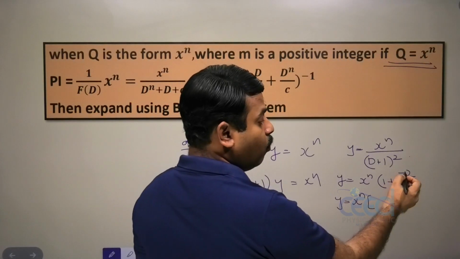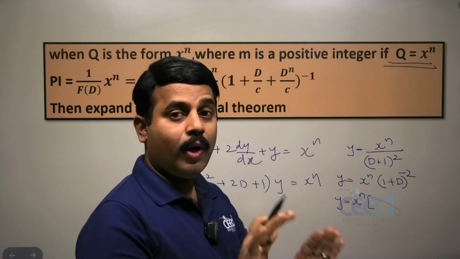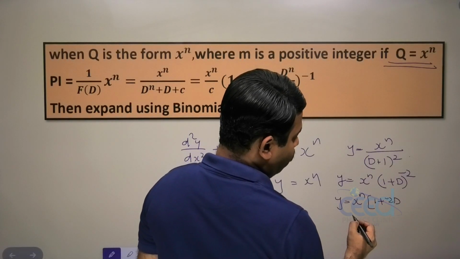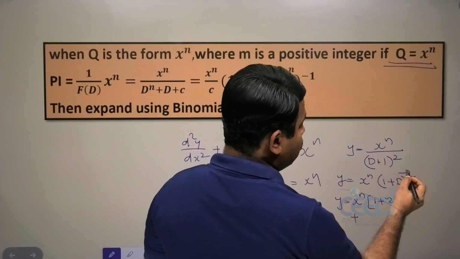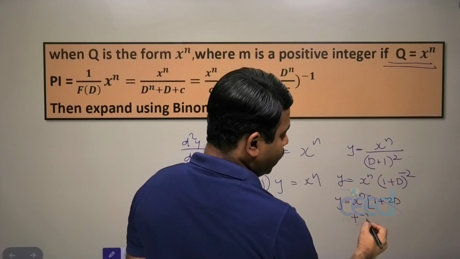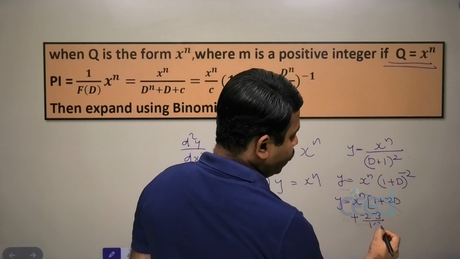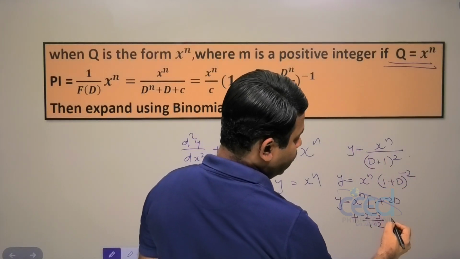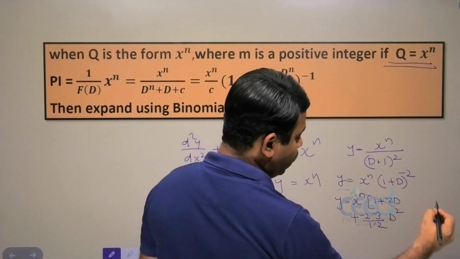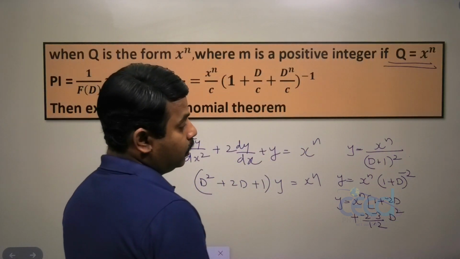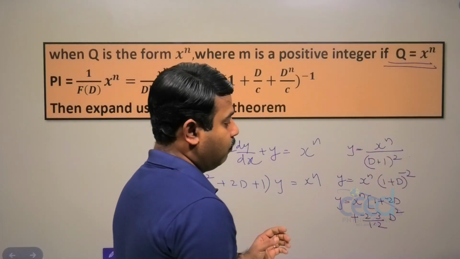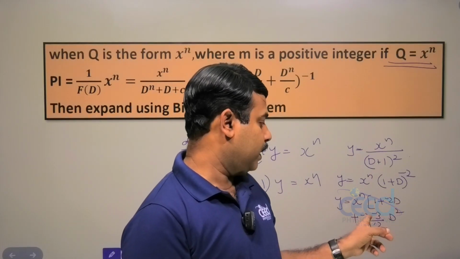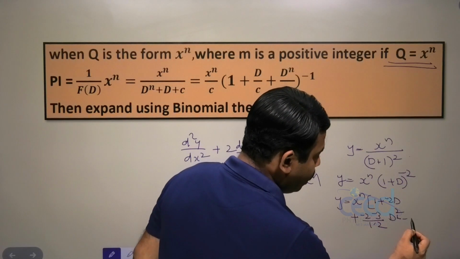That is 1 plus nx, that is minus 2d, plus n into n minus 1, that is minus 2 into minus 3 by 1 into 2, that is 2 factorial, into d square. Like this we follow. So now expand like this.